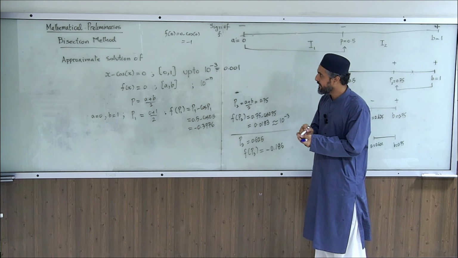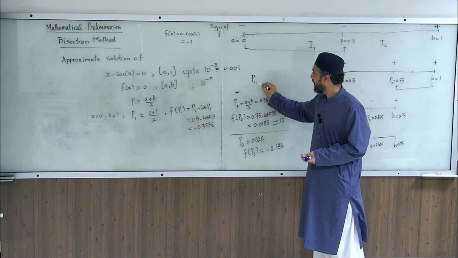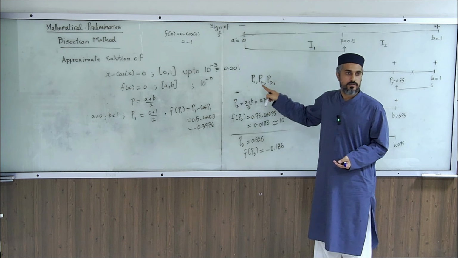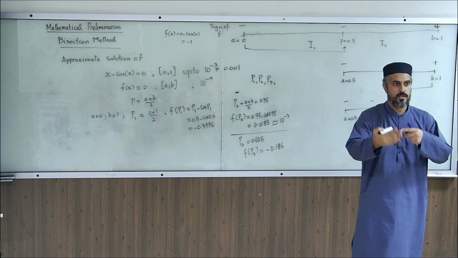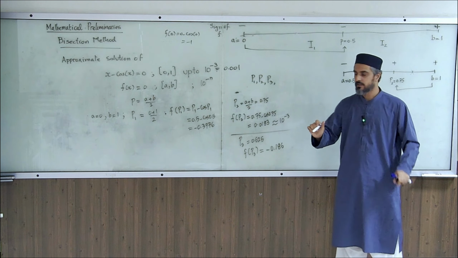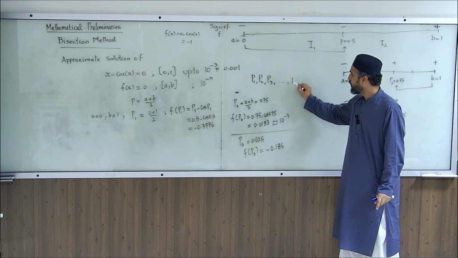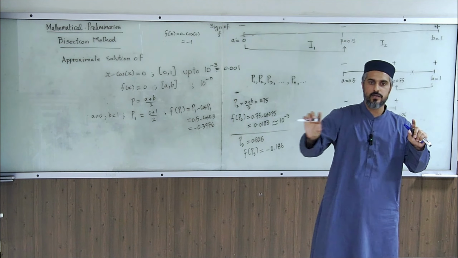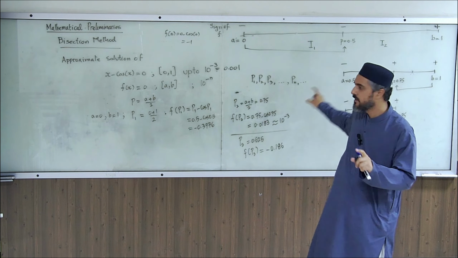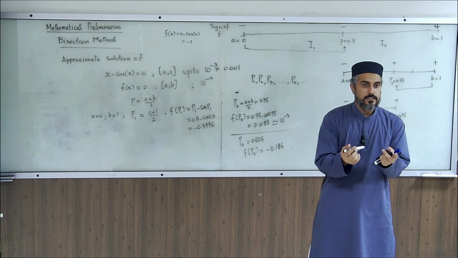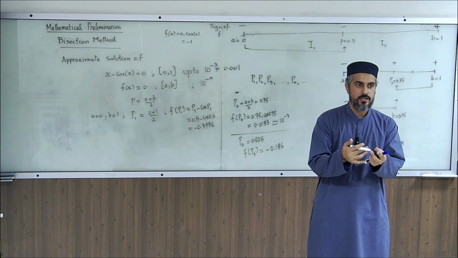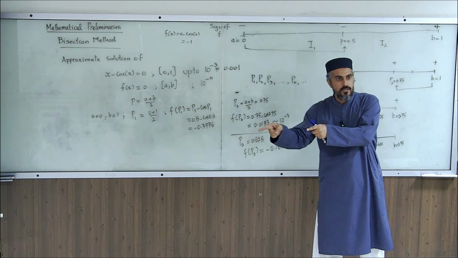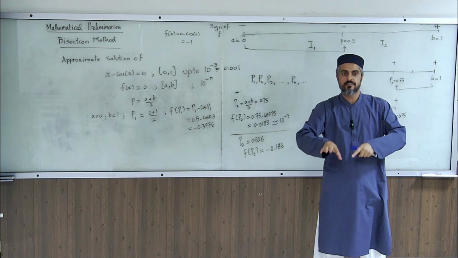What is happening? These are the midpoints that I'm generating, with a certain observation. These midpoints will generate a sequence. So if you collect them in this way, you have a sequence. That sequence is called a sequence of midpoints, and it is taking you towards a point P. When you plug it into the function, you'll get a 0.